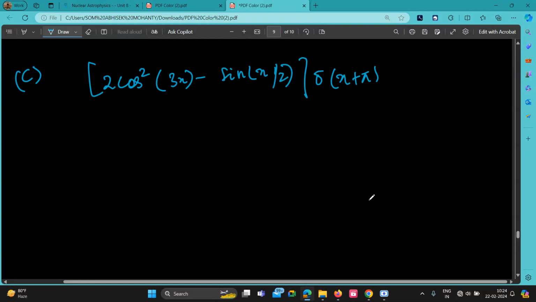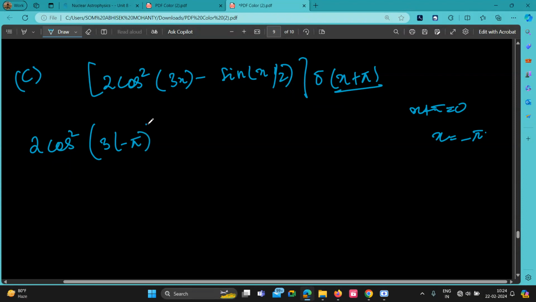So what will happen here? So x plus pi is 0, that means x is minus pi. So 2 cos square of 3 times minus pi, minus sine of minus pi by 2. So this will give me what?